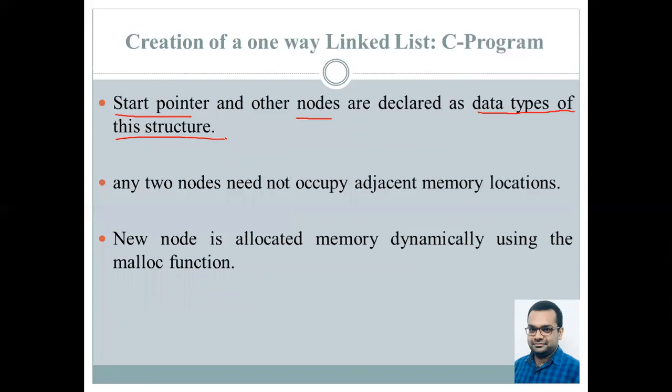However, in case of arrays, the data values that we had to store had to be stored in contiguous memory allocations. But in case of linked lists, this is the advantage that any two nodes need not occupy adjacent memory allocations. And whatever new node is added, it is allocated memory dynamically using the malloc function.